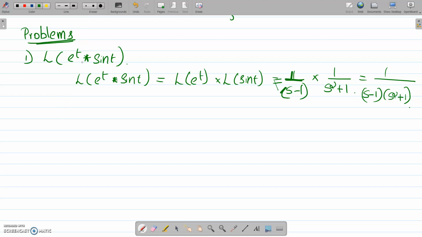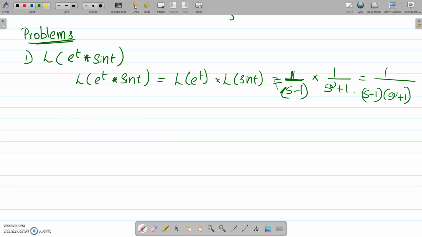We have to verify this problem by using the convolution property. The Laplace transform of e raised to t star sin t is the Laplace transform of the integral.